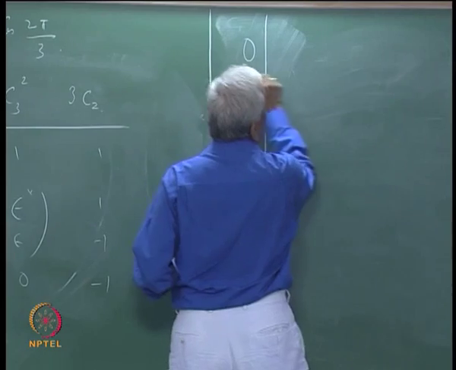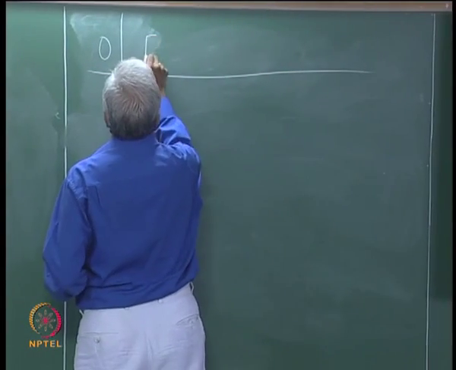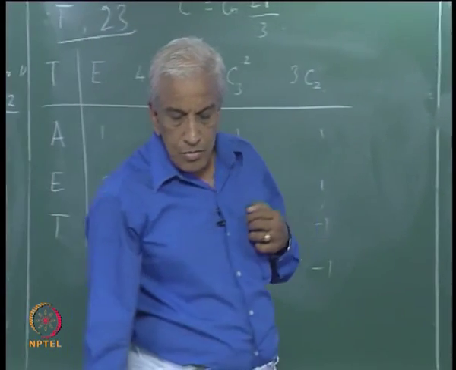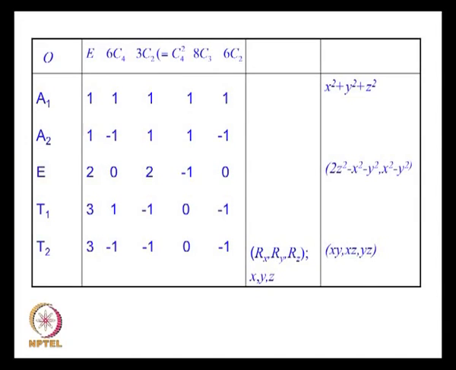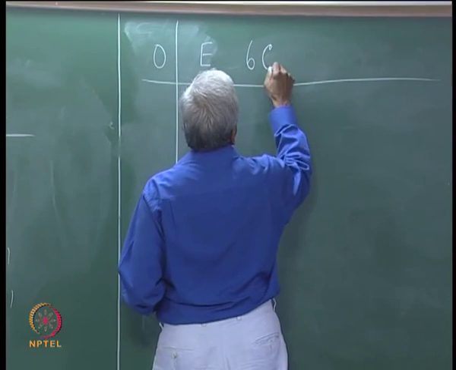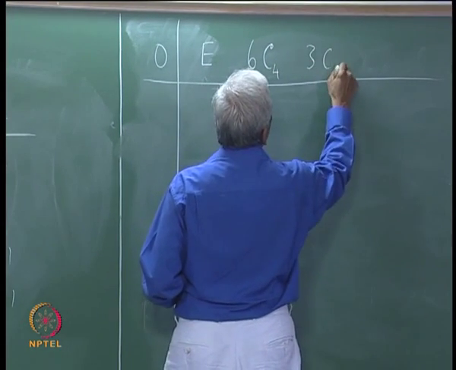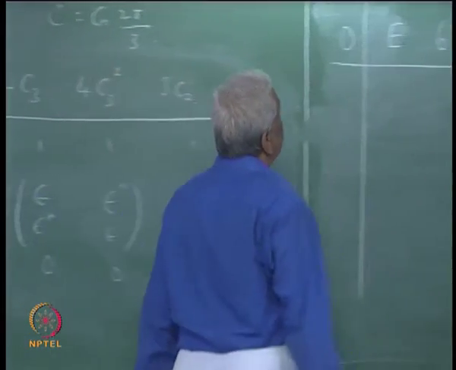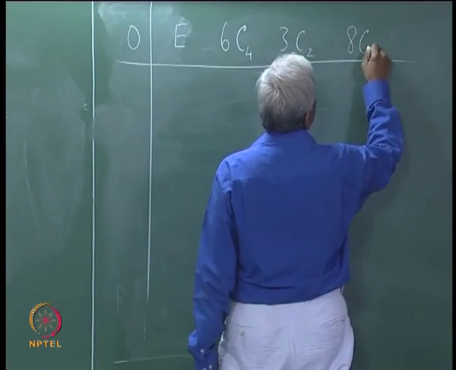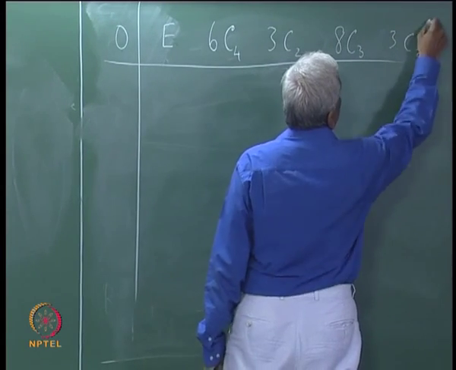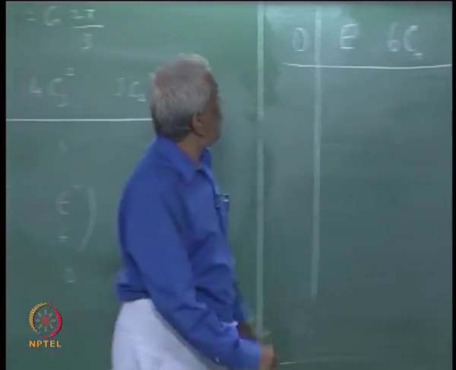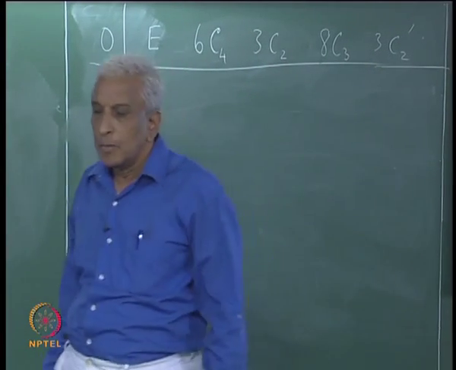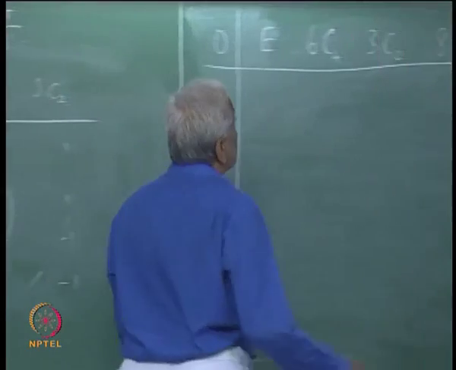Now, if we consider the pure rotation axes, the elements are identity, and then you have 6 C4, 3 C2, then 8 C3 and 6 C2 dash. So, you have 1 plus 6 is 7, plus 3 is 10, 18, and 6, 18 plus 6 is 24.